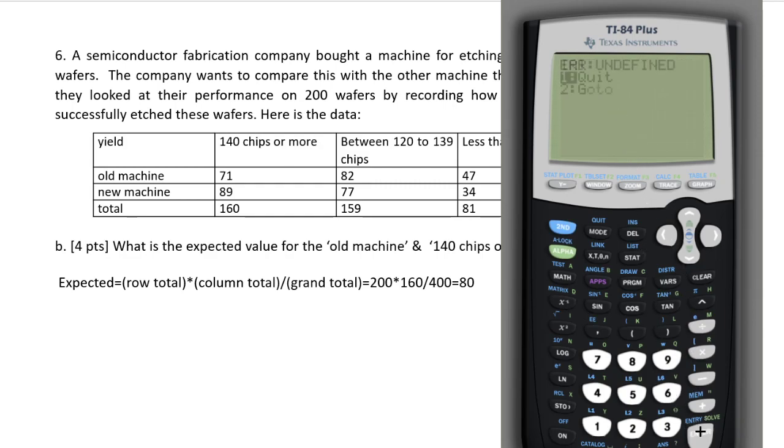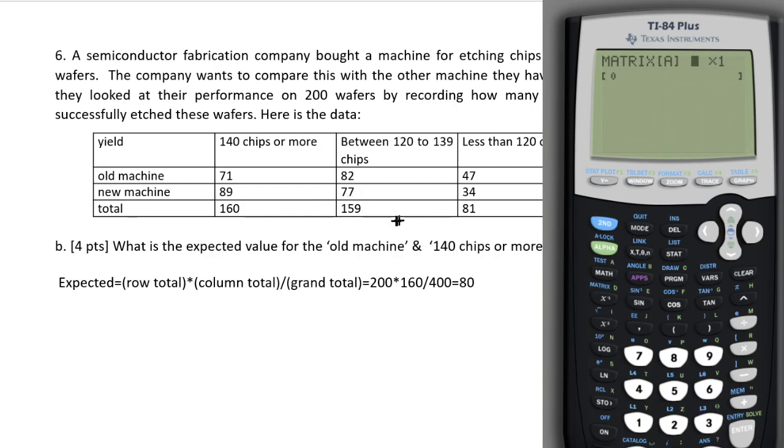Go to second, and then matrix here, and then you go to edit and edit A. And what you want to put in are not the totals, only the data itself. So this is like 2 rows and 3 columns, right?